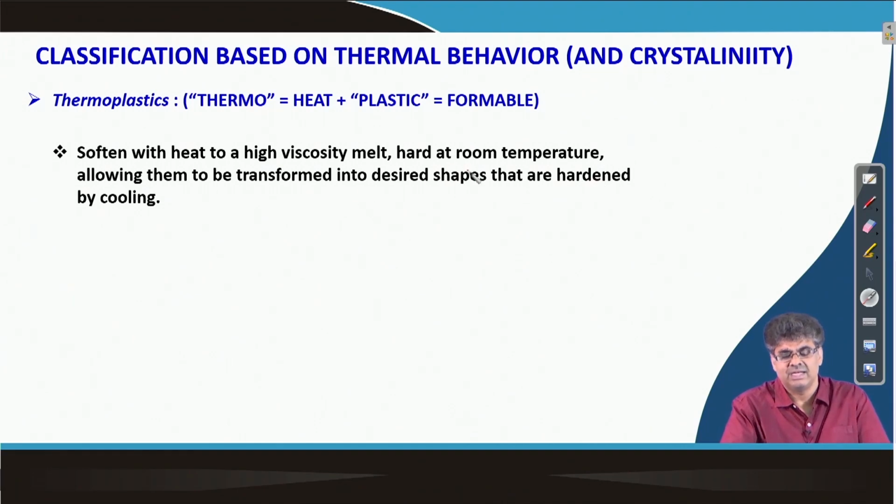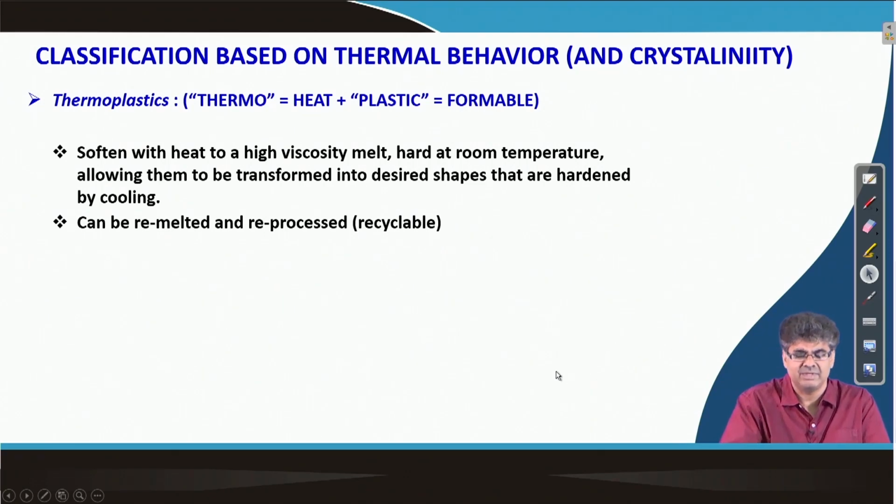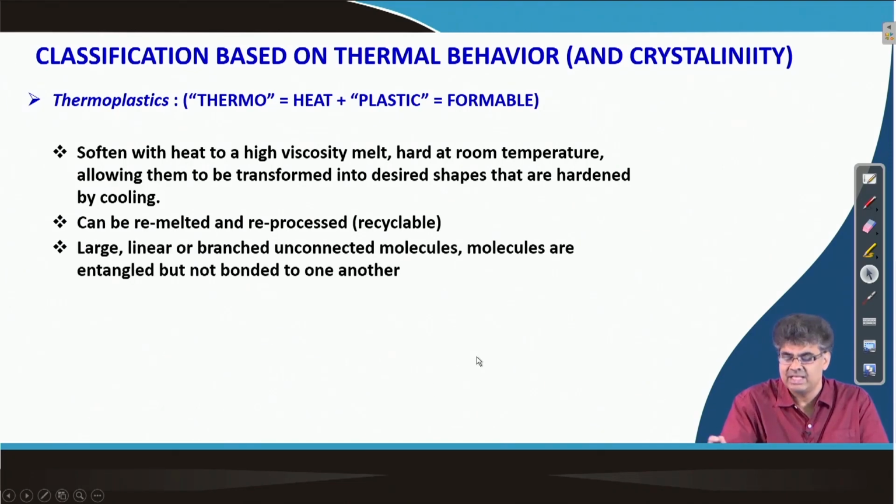Because we can soften it on heating, it allows us to transform the softened material into the desired shape, which becomes hardened on cooling. That is the process called the molding process. So, you heat it up, soften it, give it whatever shape you want, and cool it to make a hard product. It can be melted and reprocessed, so it is basically recyclable.